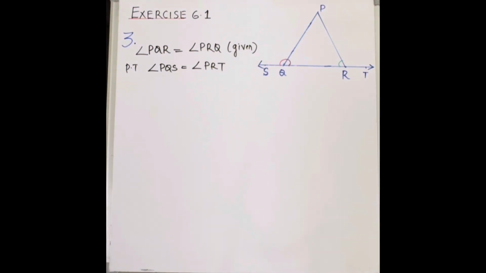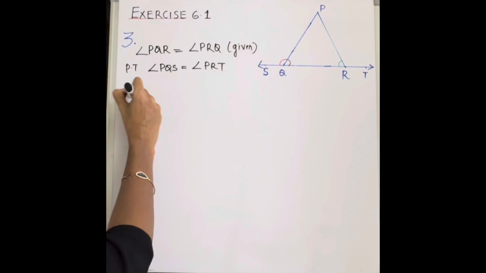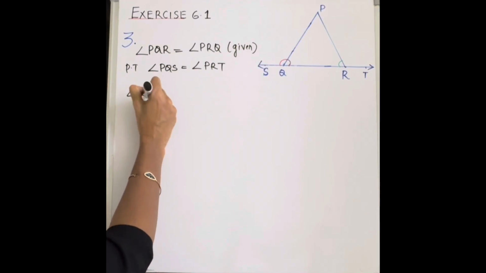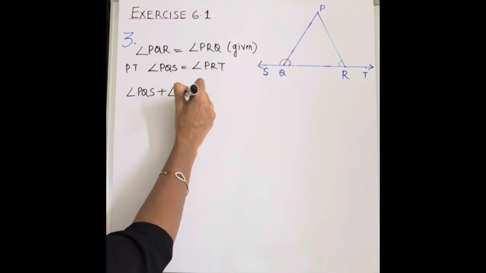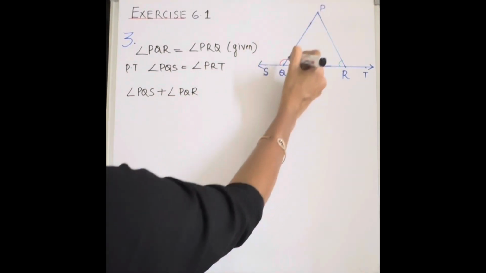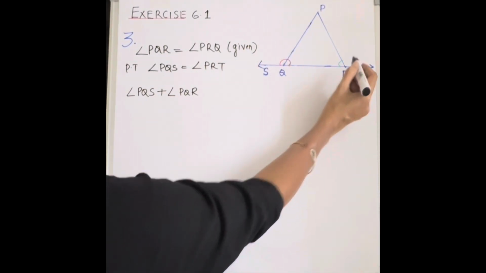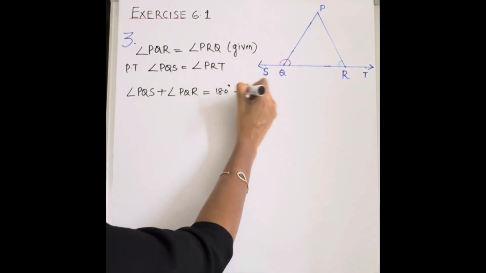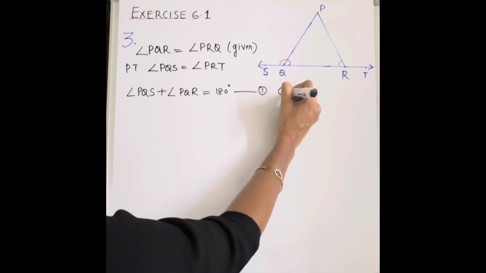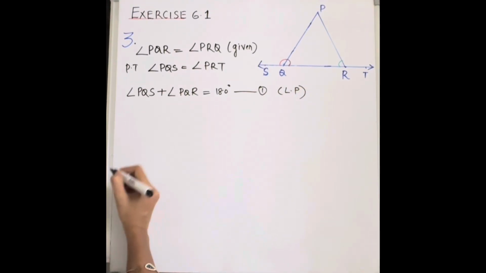So we can say that angle PQS plus angle PQR is 180 degrees. Let's put this as equation 1. Reason is linear pair.